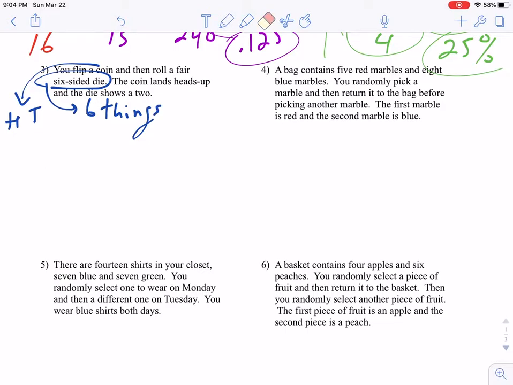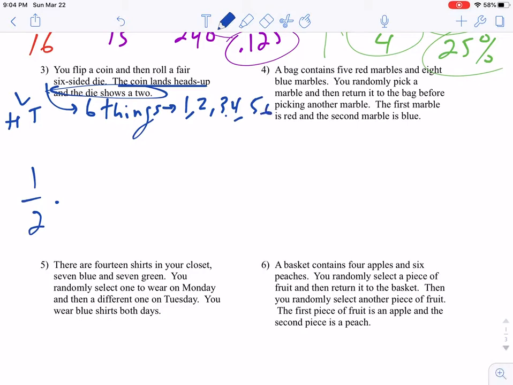All right, so now let's read the question. The question here says, the coin lands heads up. What's the chance of getting heads? 1 out of 2, 1/2. And then the die shows a 2. Well, what's the chance of getting a 2? Well, there's 1 2 on a 6-sided die. Okay, 1 2 out of 6 sides. So 1/12 would be the fraction answer.